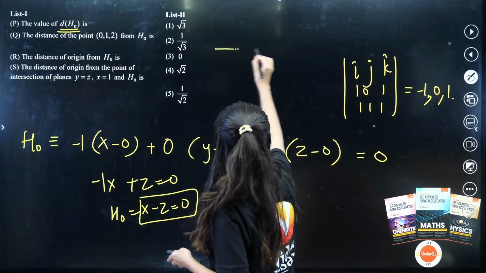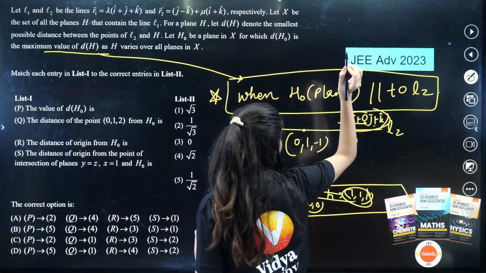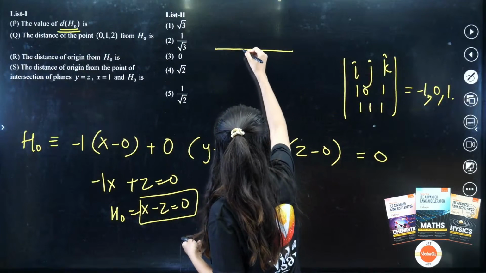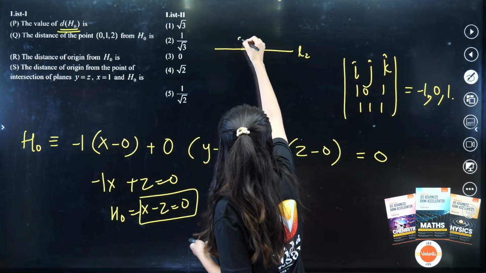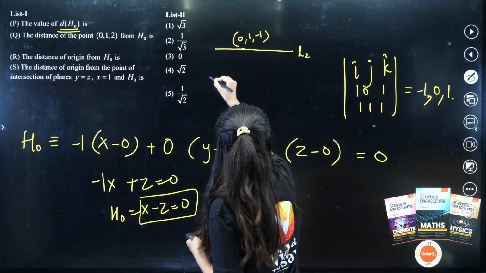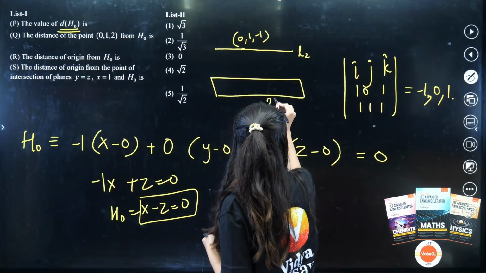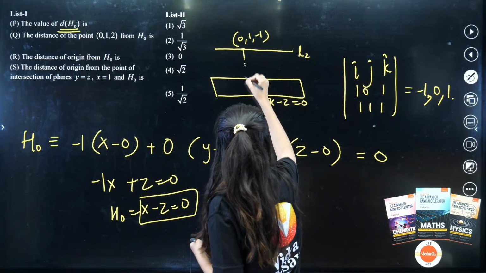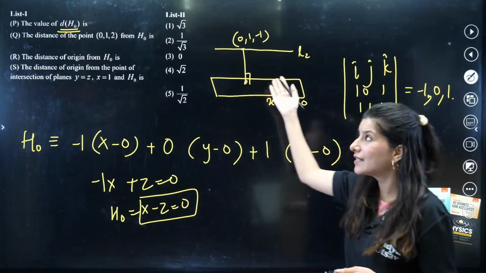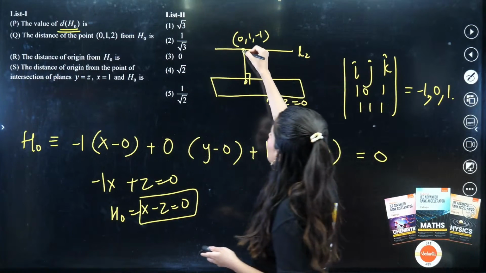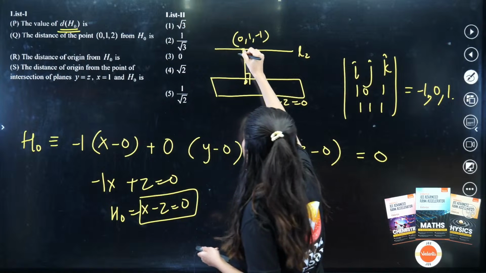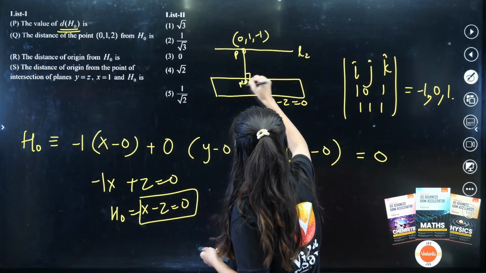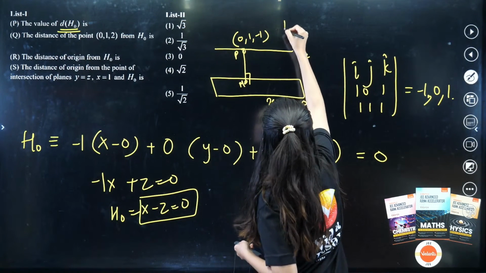Your line number 2 is actually passing through 0, 1, minus 1. This is line 2 passing through 0, 1, minus 1. And this is your plane which is parallel to this line, x minus z is equal to 0. Can you just not figure out the distance between this point and this plane? Let us assume this is P and this is M. So PM distance will be equal to what?